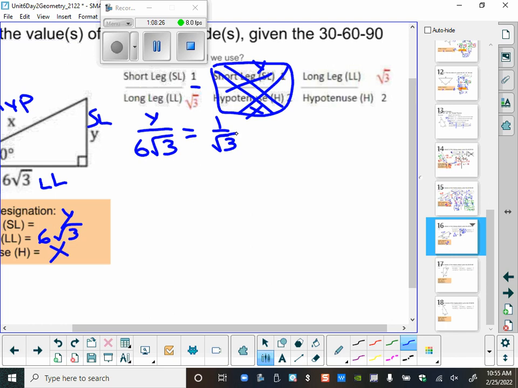Okay, what's Y times square root of 3? Y square root of 3. And then 6 square root of 3. Well, what's 1 times 6 square root of 3?